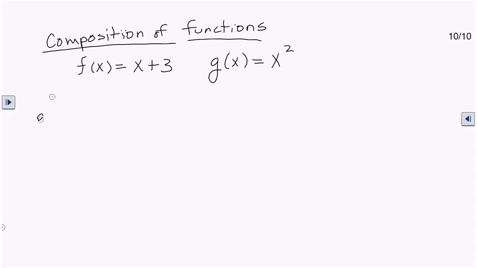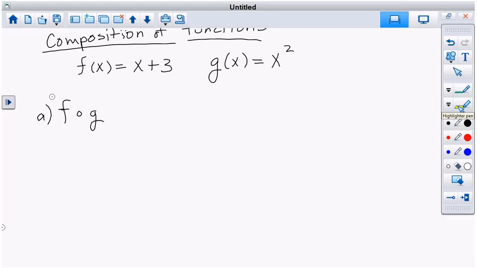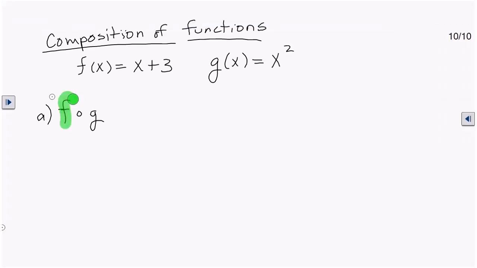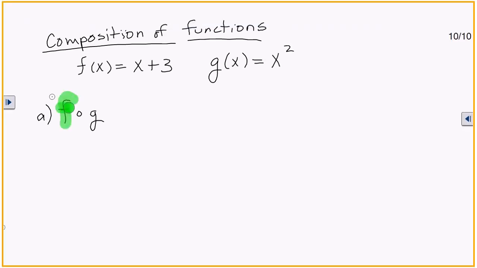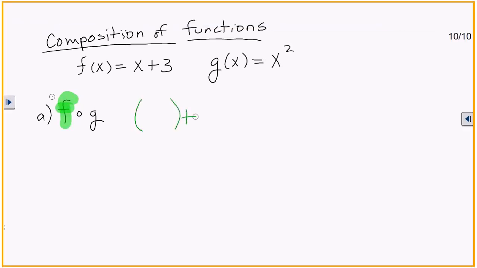A, F of G. F composed of g. And the big circle there is not a multiplication symbol. That means composed of. So F composed of g means, and I'm going to highlight the F, that I'm going to rewrite F with a big set of parentheses. That's why I highlighted it green. Parentheses plus 3.